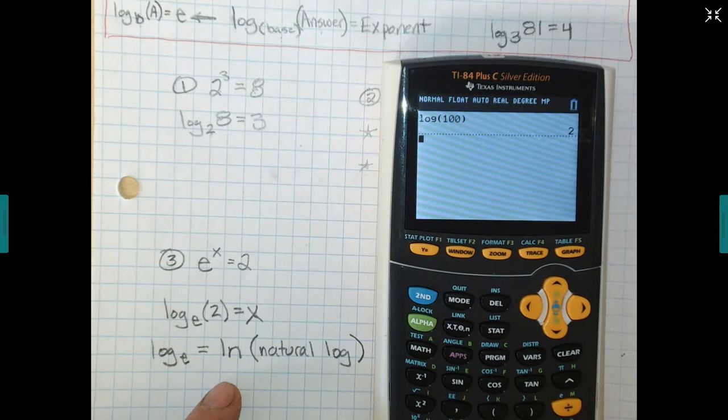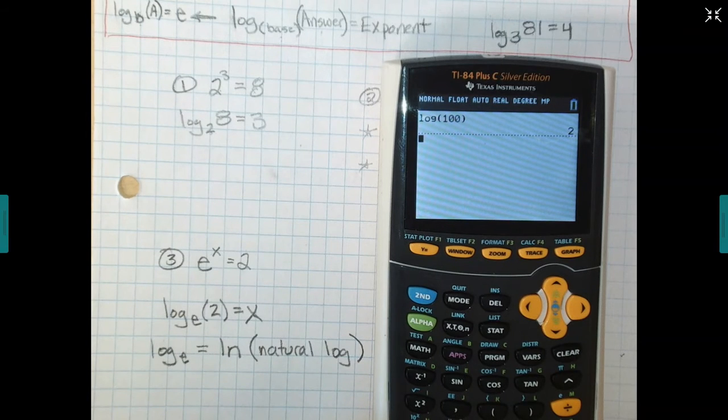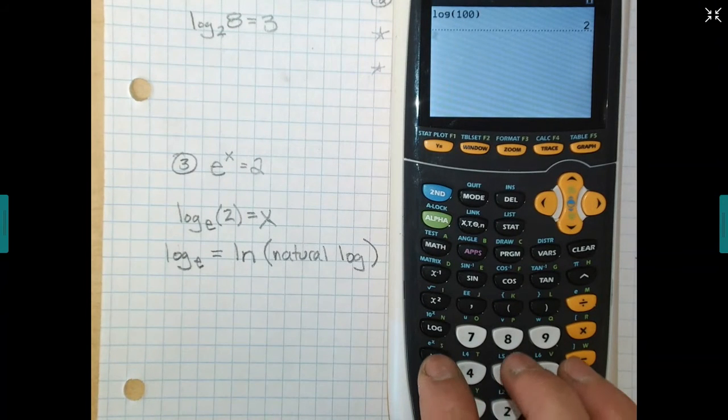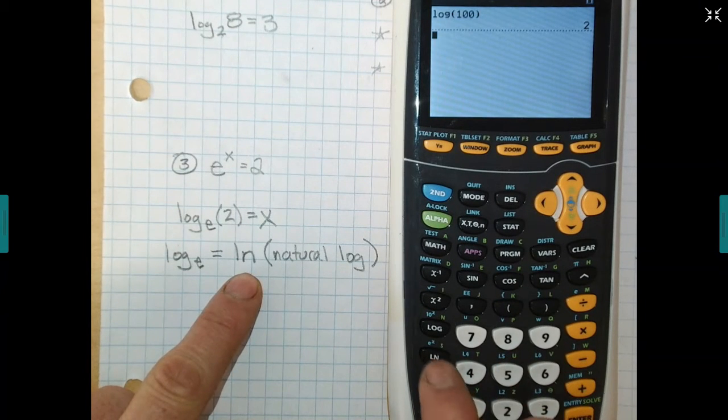Where is it? ln, why am I not finding it? Oh, there, it's right here. So ln, log e is just natural log.